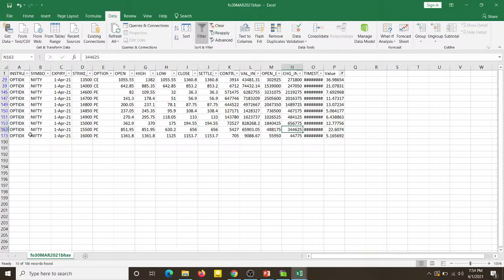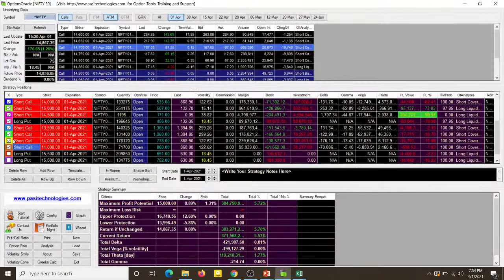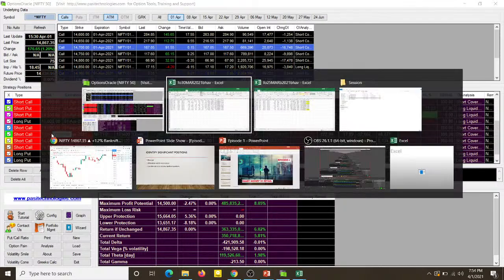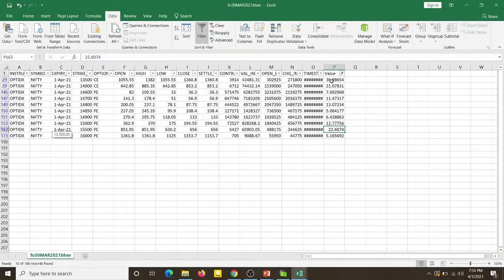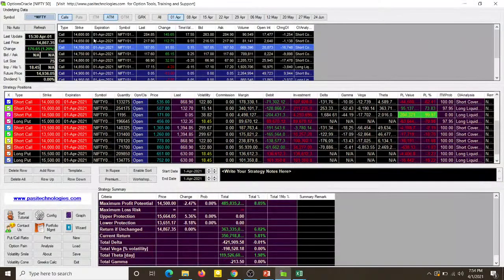Okay, for 15,500. Okay, 15,500 is the position, which is nothing but 30th March and 30th March, right? 15,500 and 14,000 call and 13,500 call. So this is two positions, and this is one position. Correct. 13,500 call, 14,000 call, and 15,500 put. These are the 30th March positions.